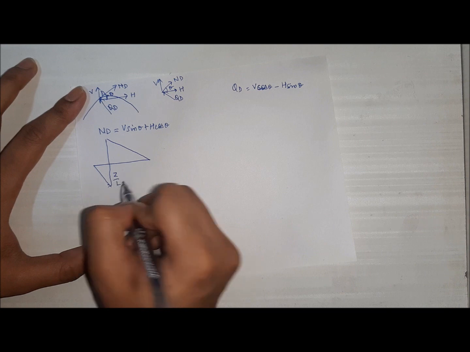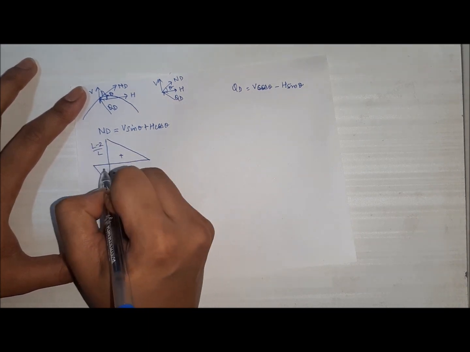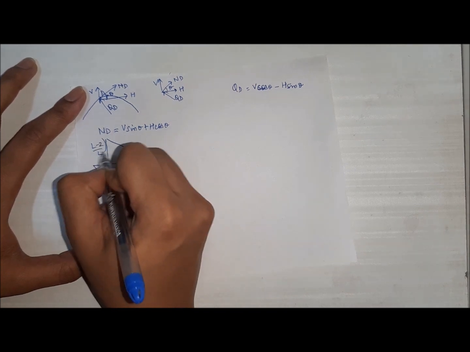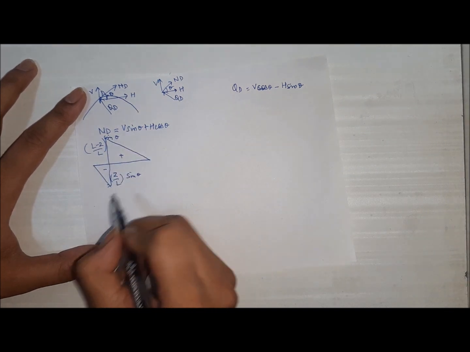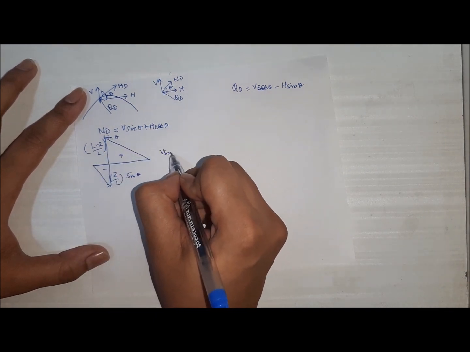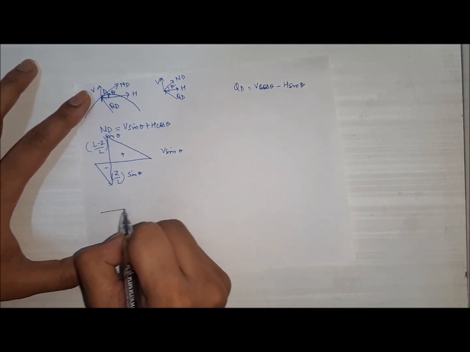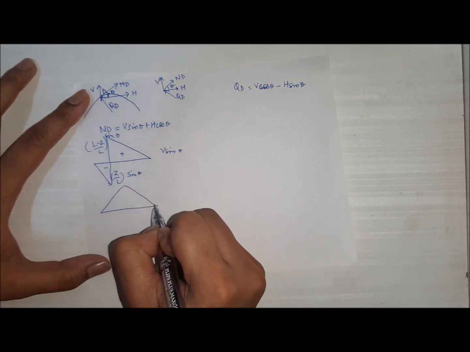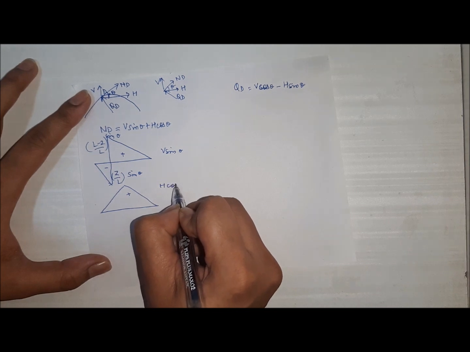This is Z by L and this is L minus Z by L. This is positive and this is negative, multiplied by sin theta. Here also multiplied by sin theta. This is the V sin theta portion. And the other portion is H cos theta, which is positive over here.